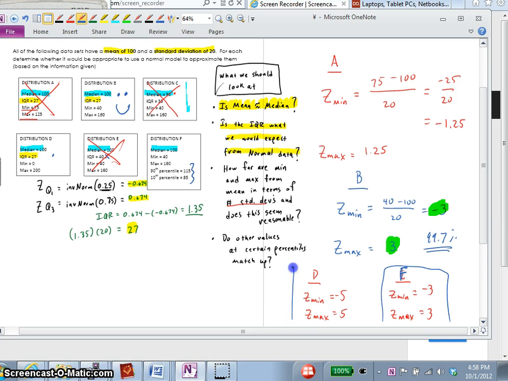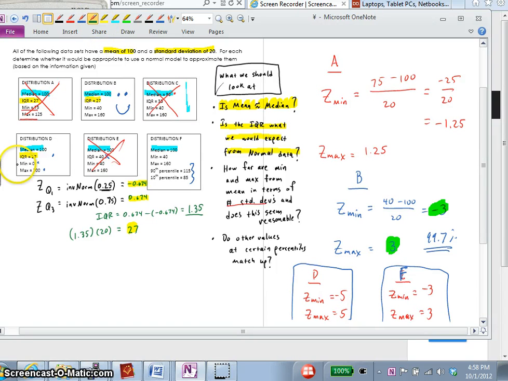If you look at that, you see that all of the data are within 5 standard deviations of the mean, which certainly makes sense. But 2 of the points, the min and the max, are both 5 standard deviations from the mean. It's very, very unlikely in a normal model to have data that far from the mean.